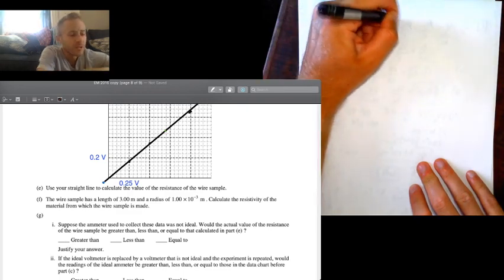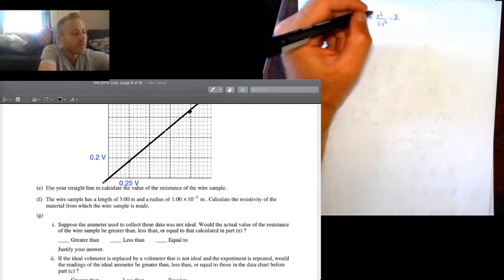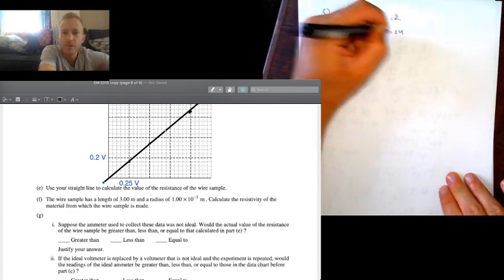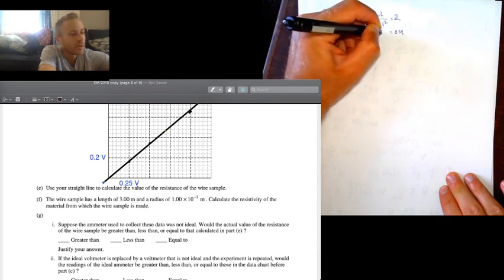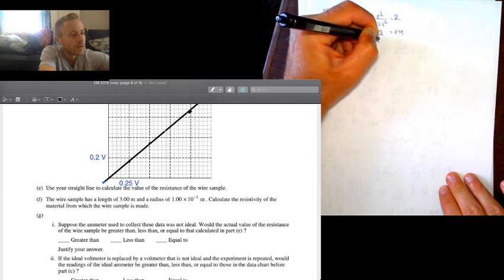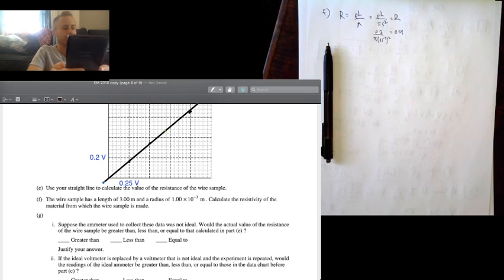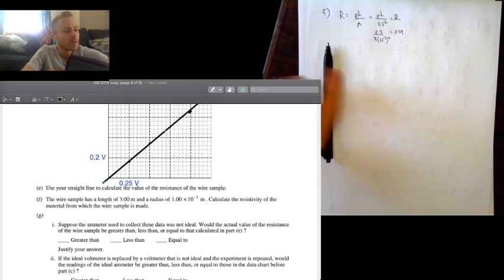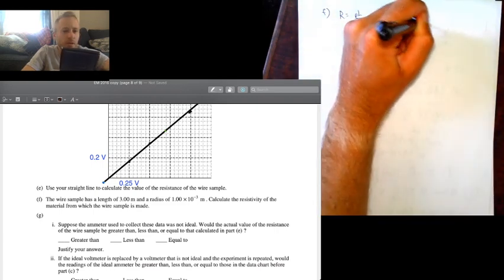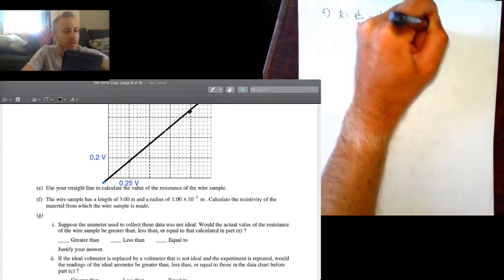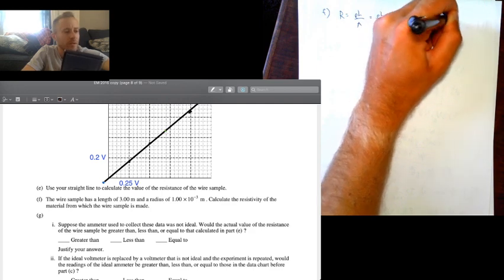We just calculated the resistance, so we have 0.54 is equal to rho times L over A. So that gives rho equals 5.7 times 10 to the minus 7 ohm meters.